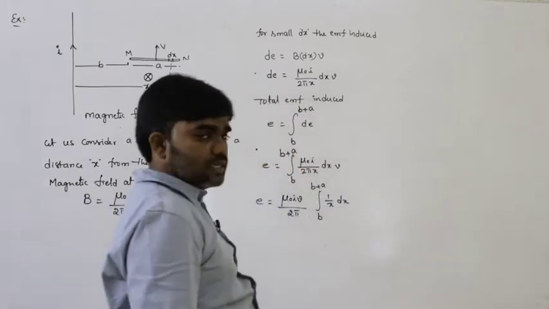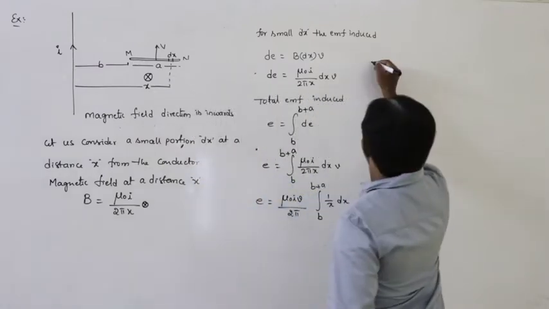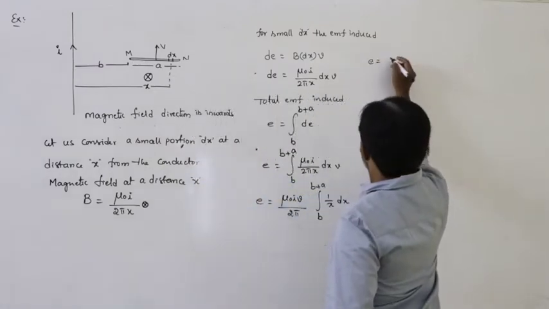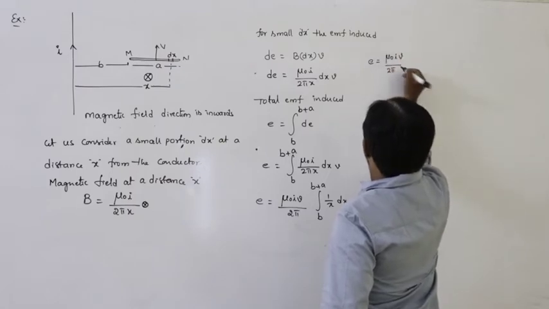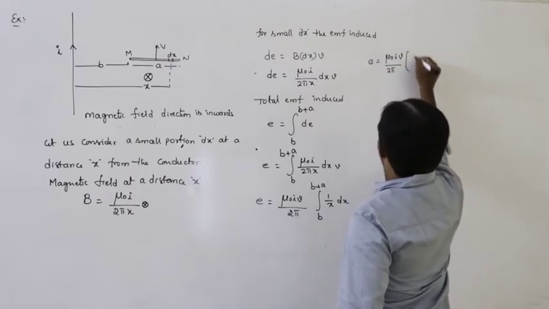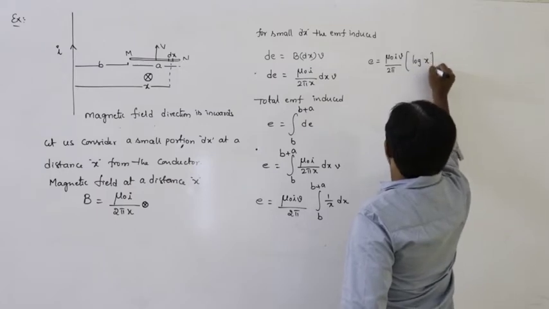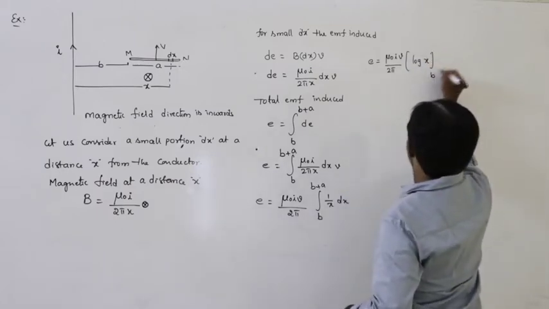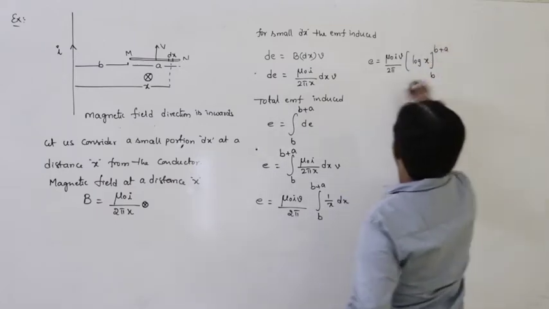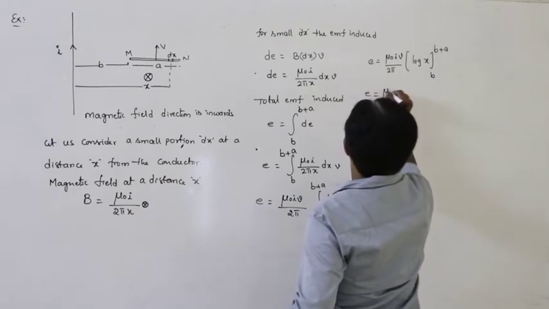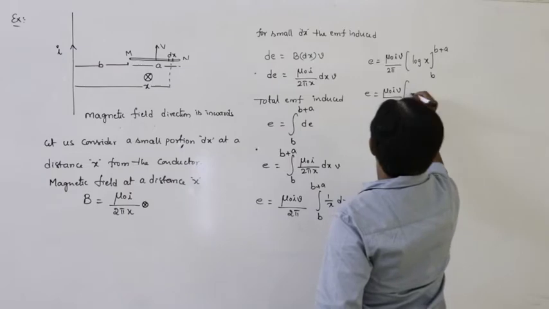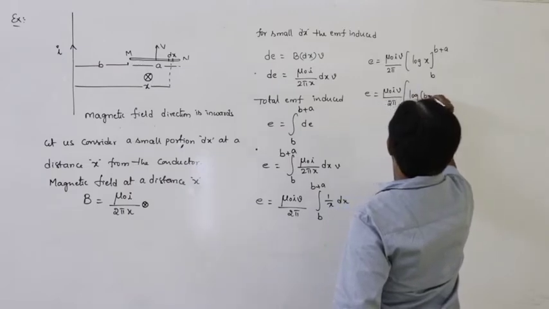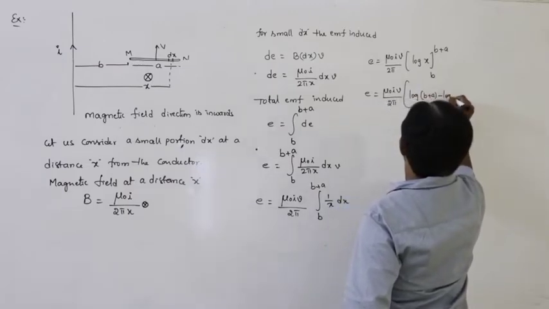Integral of 1 by x dx is log x. Therefore E equals mu naught I v by 2 pi into log x between the limits b to b plus a. First substitute upper limit minus lower limit: log of b plus a minus log b.